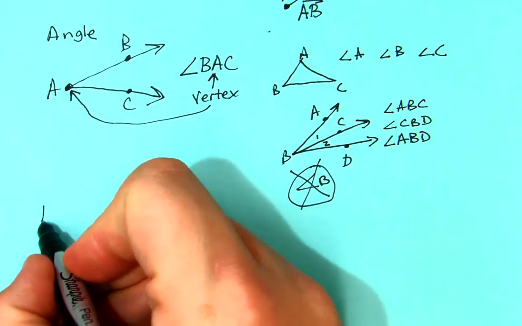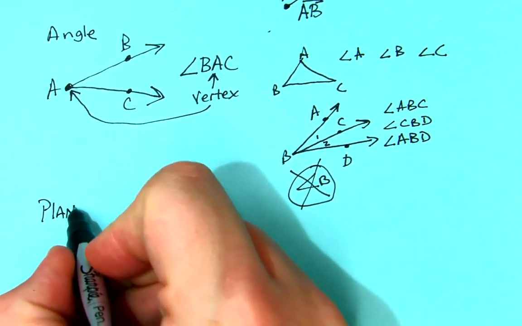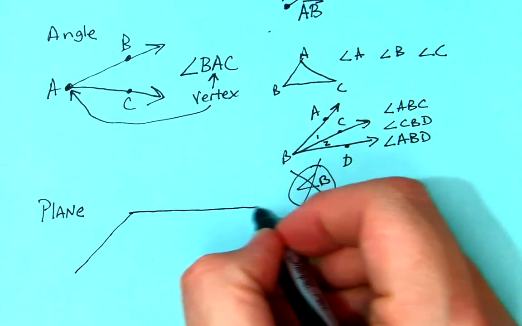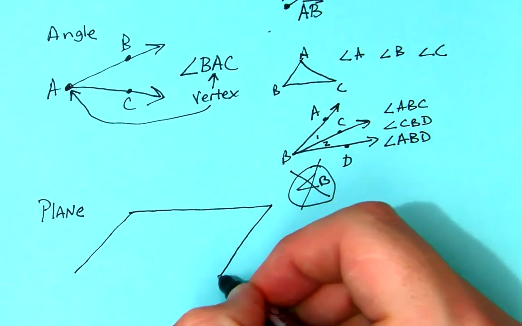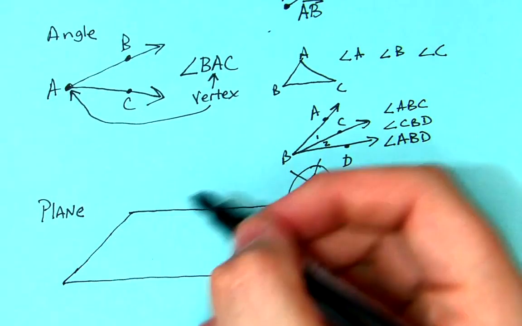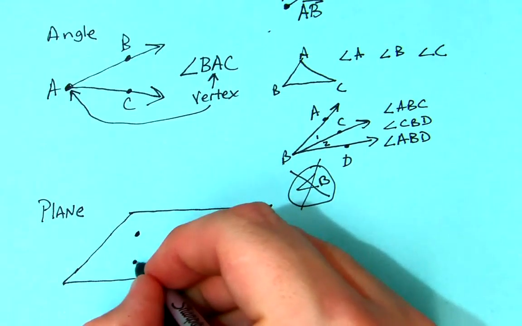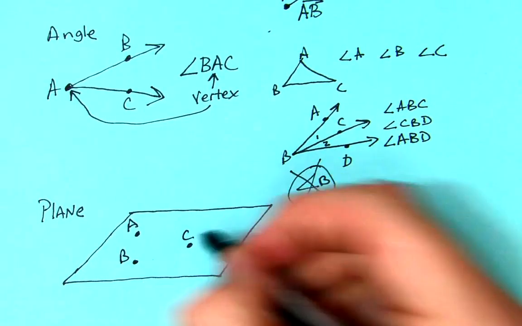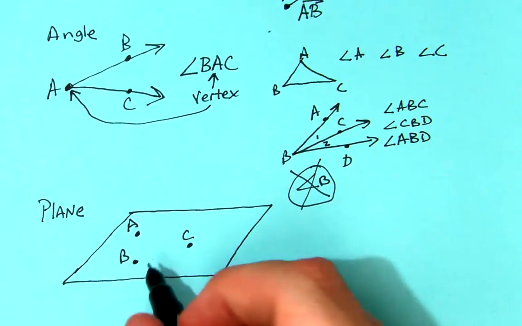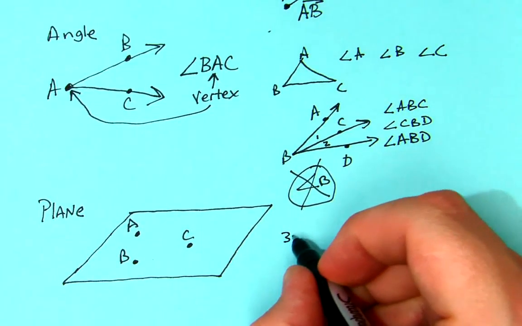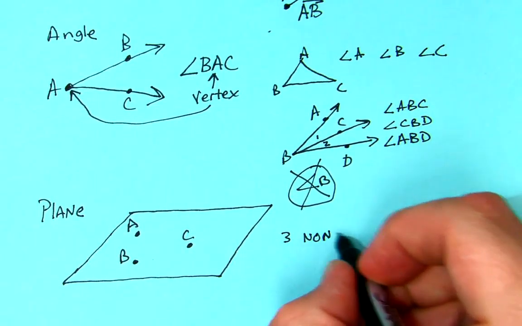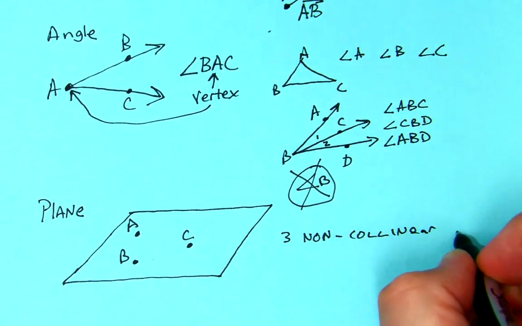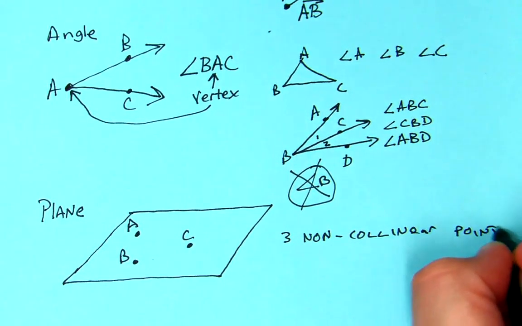Now, a plane is usually represented by a parallelogram like this. And it requires 3 points that are not collinear, that are not on the same line. So 3 non-collinear points determine a plane.